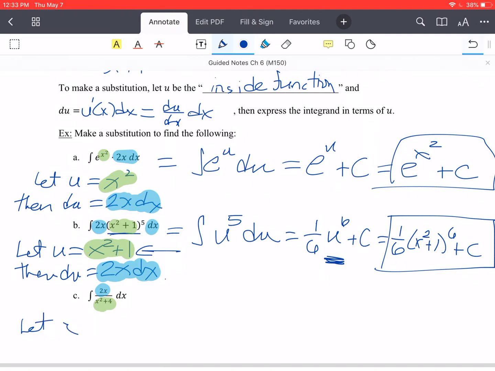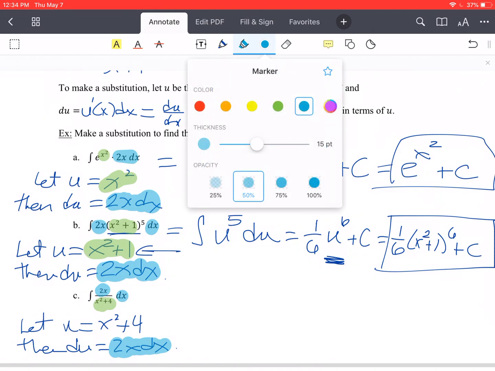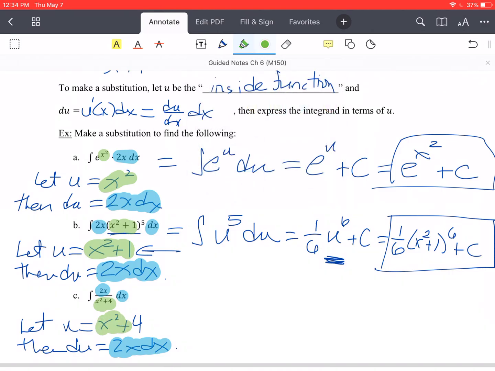So let u equal x squared plus 4. And du is 2x dx. Notice if I had picked it the other way, I would not have gotten the result I needed. So this way worked out for us. The 2x dx is going to get covered by the du, and the x squared plus 4 is going to get covered by the u.